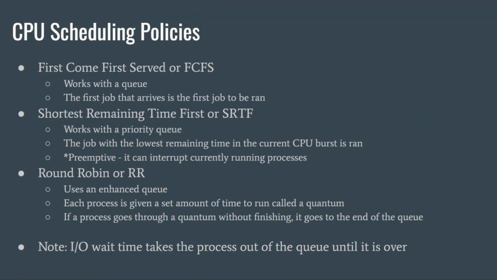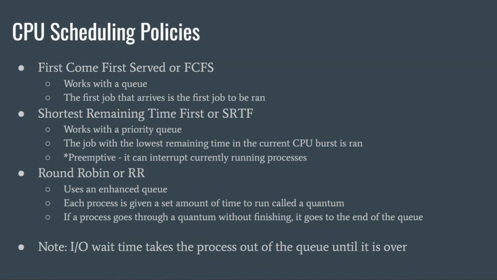And then the second one is shortest remaining time first. And this works with the priority queue. For this one, the job with the lowest remaining time in the current CPU burst is run. And when we say current CPU burst, if you remember in your assignments, some jobs had a CPU burst and then an input output waiting time and then another CPU burst.